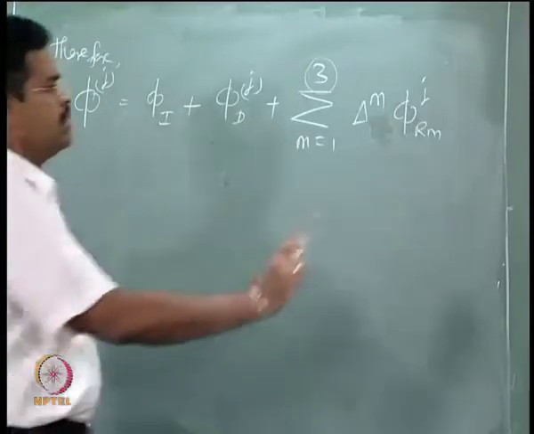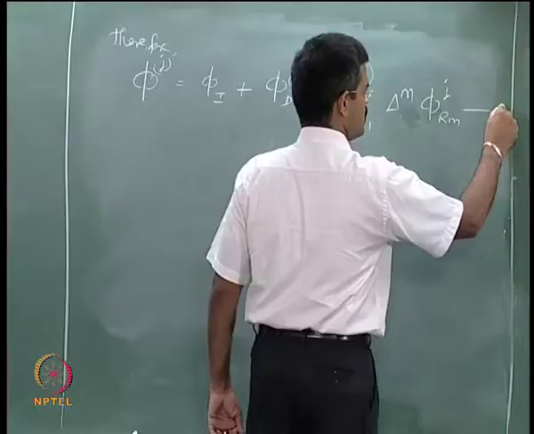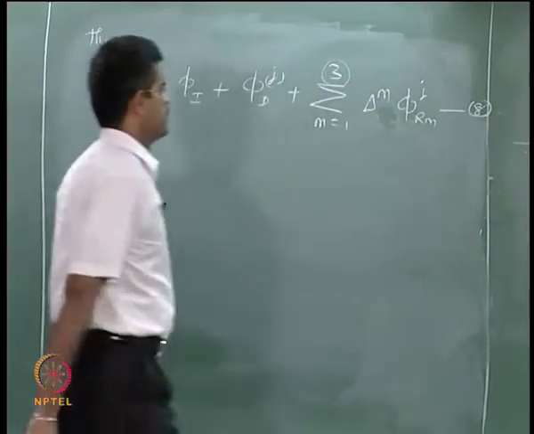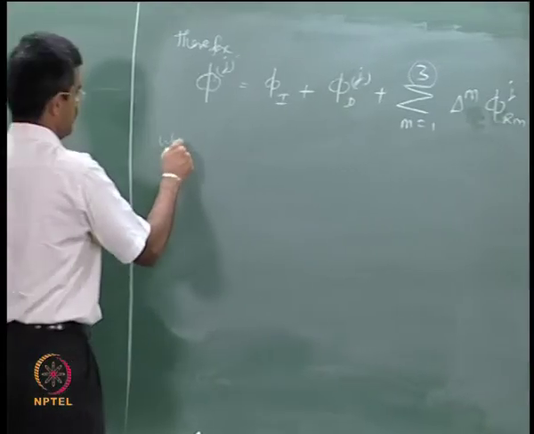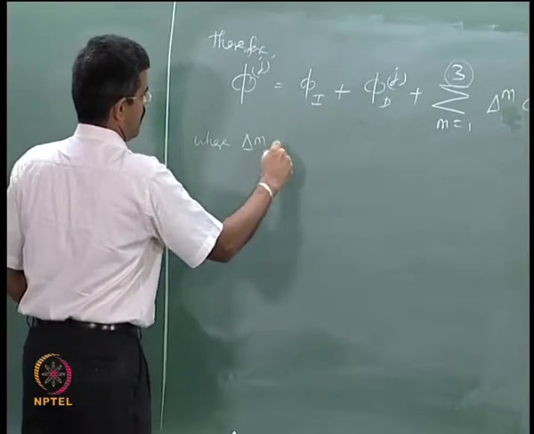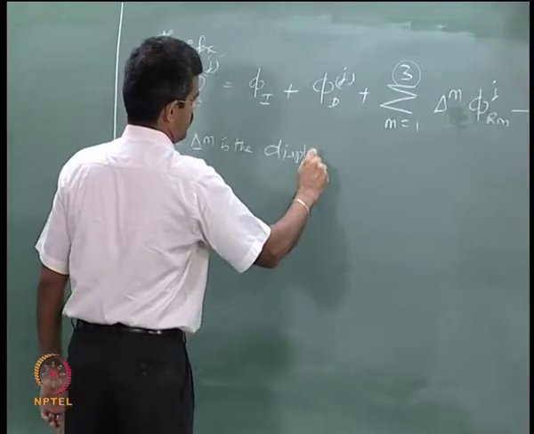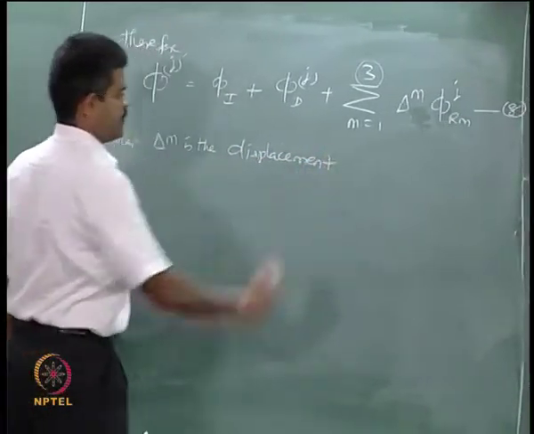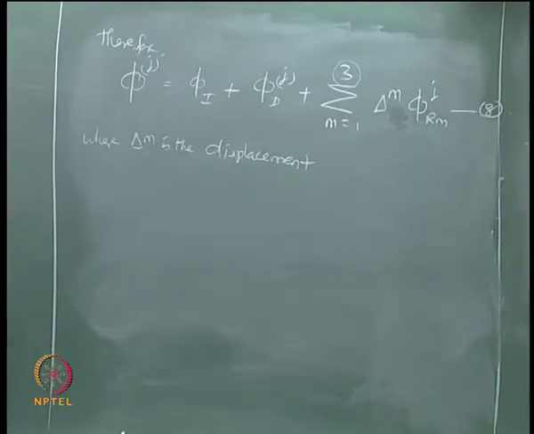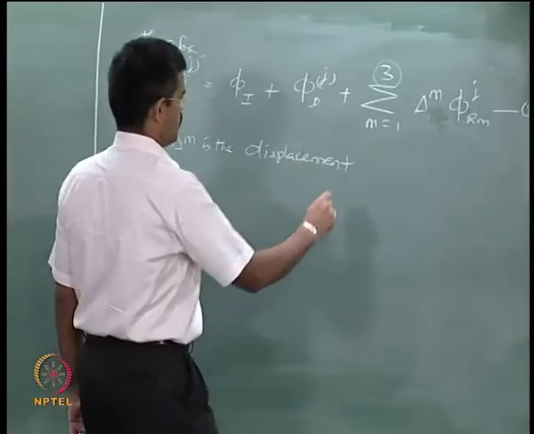What is the equation number here? Where delta m is the displacement in mth mode.